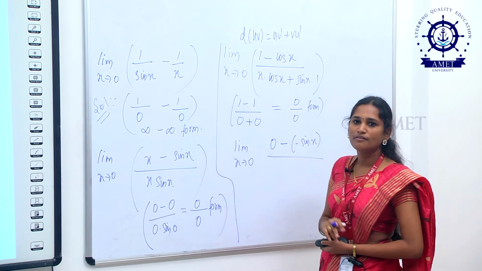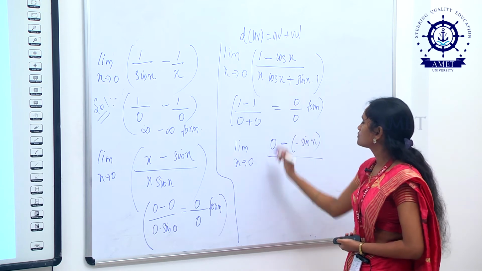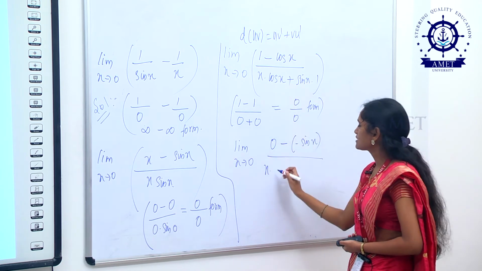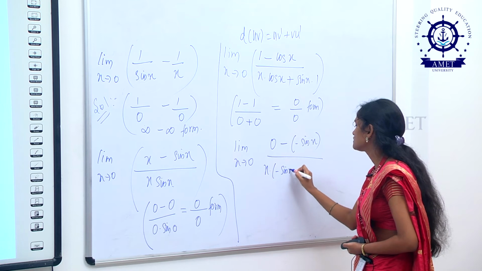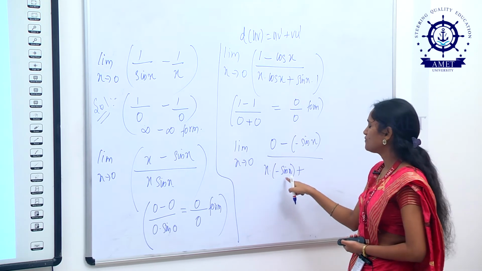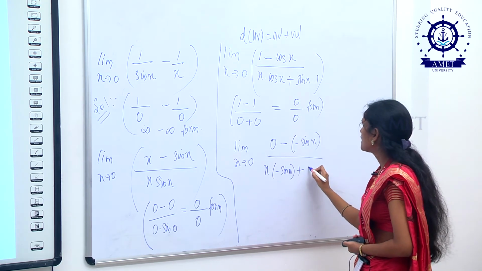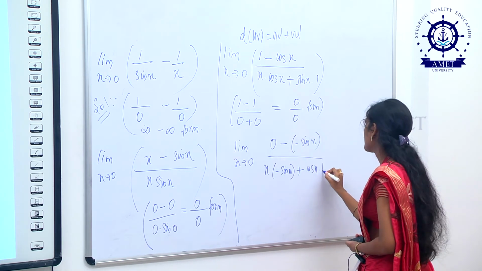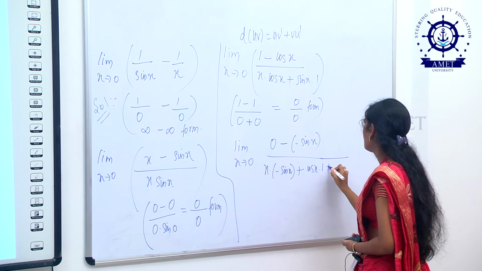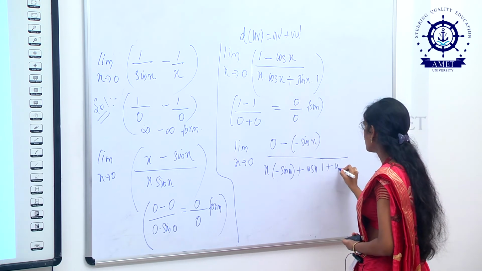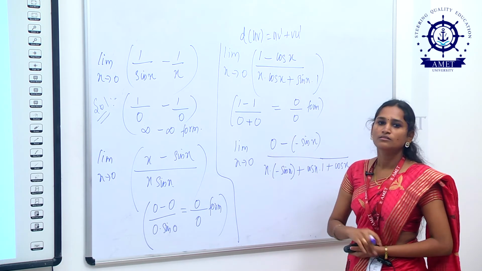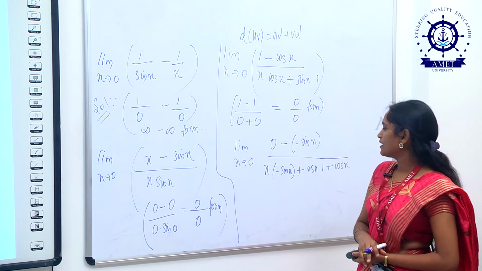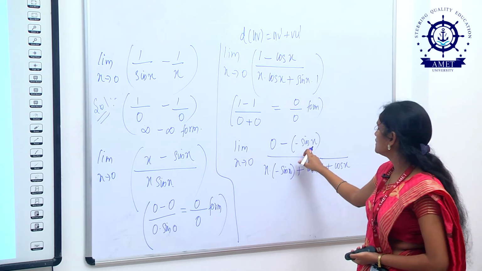In this way we proceed in the denominator. So x into cos x differentiation is x into minus sin x, that is u v dash, plus v u dash, which is cos x into the differentiation of x with respect to x, that is 1, plus the differentiation of sin x, which is cos x. So differentiation is over, again substitute the limit value.